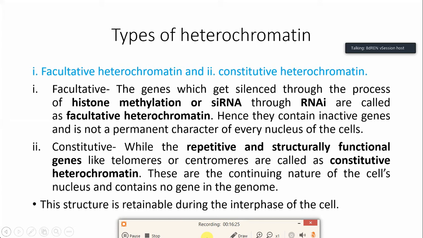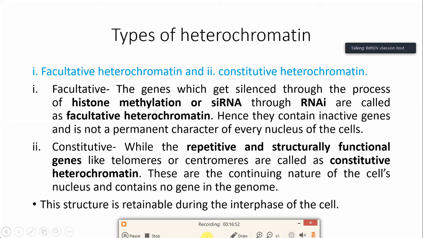Hence, they contain inactive genes and are not a permanent character of every nucleus of the cells. Actually, these get silenced. They do not take part in RNA synthesis, so that's why they remain inactive, and these genes are called inactive genes.